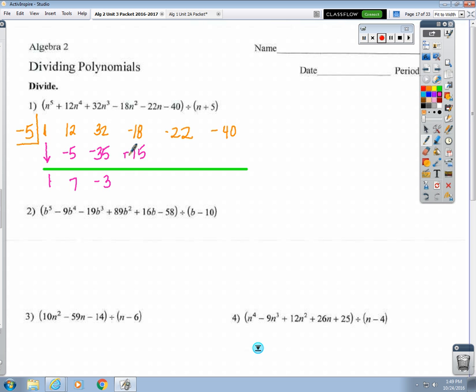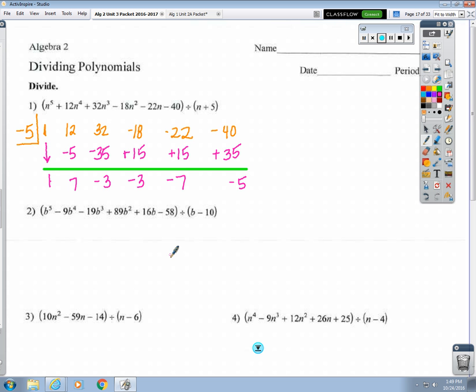So what is negative 18 plus 15? Negative 3. Then you multiply it by the negative 5, and it gives you another positive 15. When you add that to negative 22, you get negative 7. Negative 7 times negative 5 is positive 35, and when you combine those, you get negative 5.